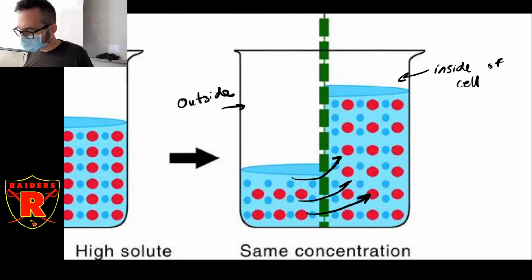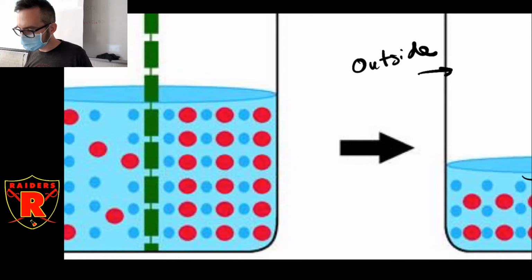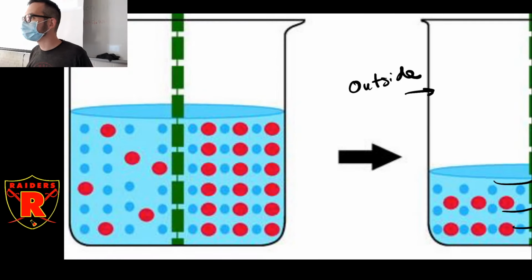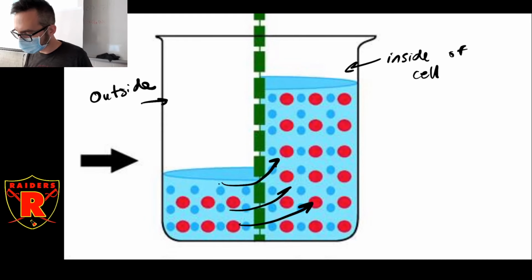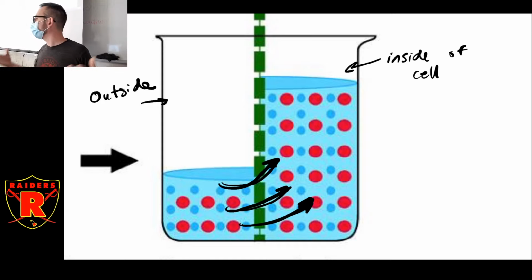So you've got a really high concentration of something inside your cells, and you've got a low concentration outside the cell, and all of a sudden a whole bunch of water moves into your cell. What's going to happen? Imagine it's a water balloon, like a cell, and all of a sudden you pump a whole bunch of water in. It's going to pop, okay? It causes lysis. It causes cells to explode, basically.